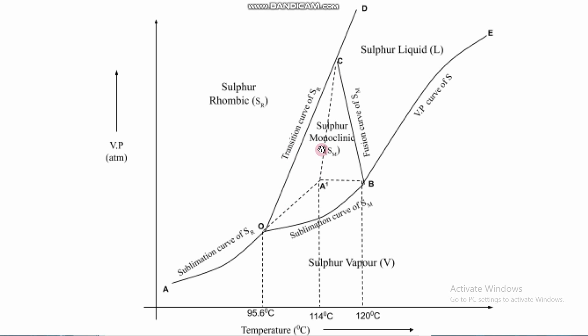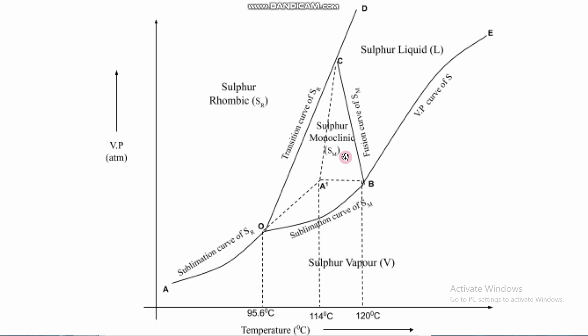The common phase is sulfur monoclinic, so it is more stable and it occupies the area inside this triangle. Degree of freedom is 2. This is also bivariant, two variables, temperature and pressure.